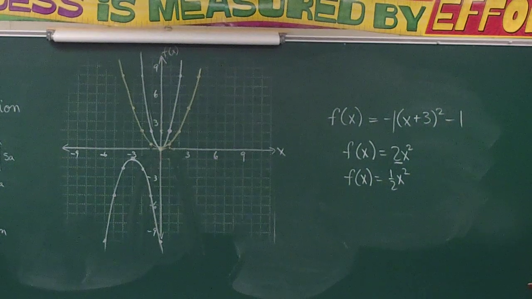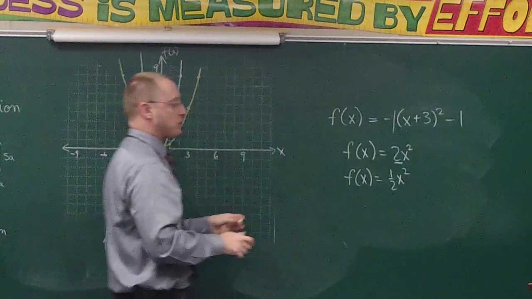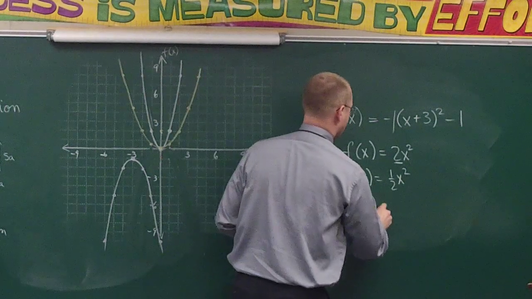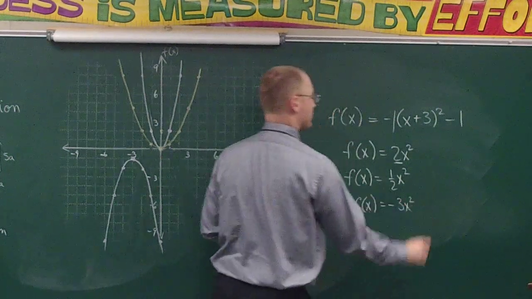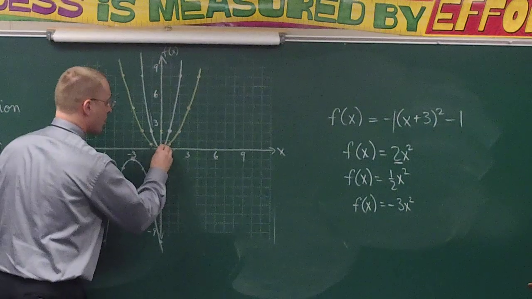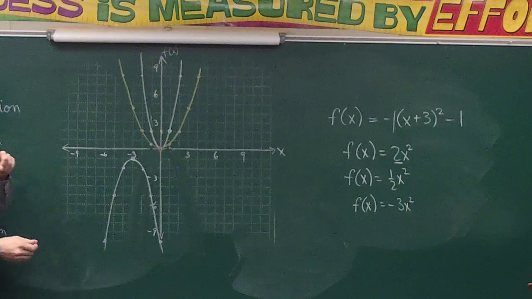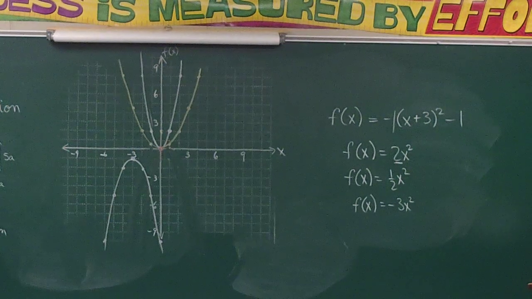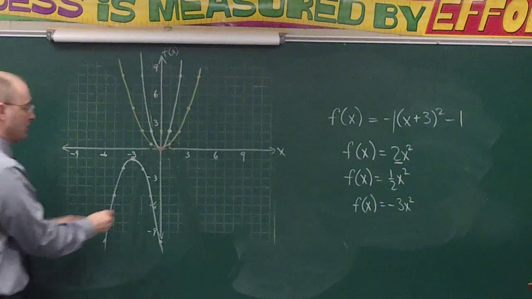Questions on that one? All right, so what if we put both of those thoughts together and said f of x is equal to negative 3x squared? Where's my vertex, class? 0, 0. But now I'm going to do two things. First of all, I'm going to go over and down. I'm going to go over 1, down 3.